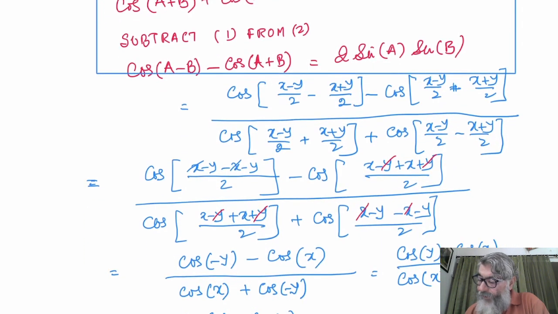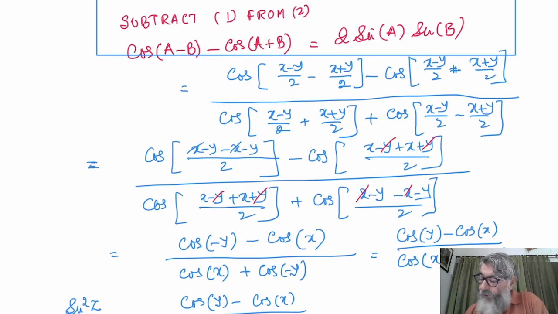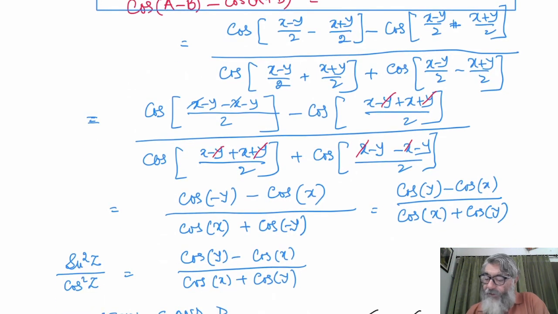We simplify it and we get finally cos y minus cos x upon cos x plus cos y, and on the left hand side I have sin square z upon cos square z. Here I applied componendo and dividendo. Once we add the denominator to numerator, and once we subtract the denominator from numerator and divide the two equations. We did that in one step.